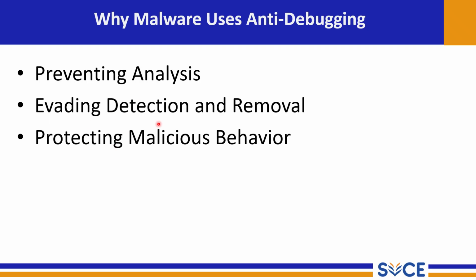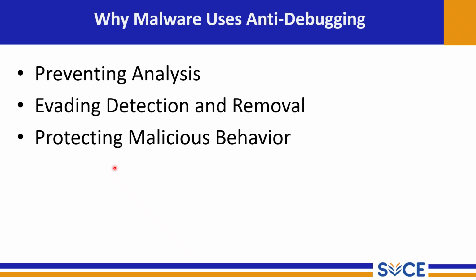Okay, so why we are using anti-malware analysis is, first, preventing analysis. The primary goal is to prevent security researchers from understanding the malware's functionality, mechanisms, and capabilities. And second, evade detection and removal.